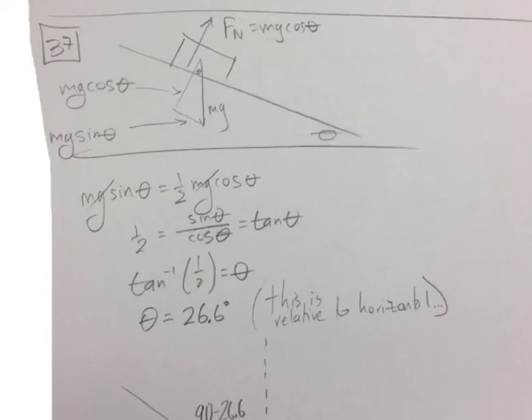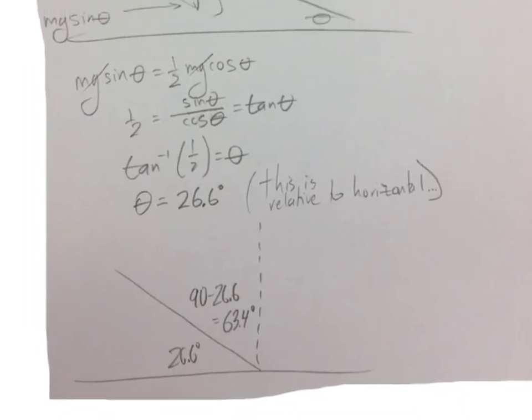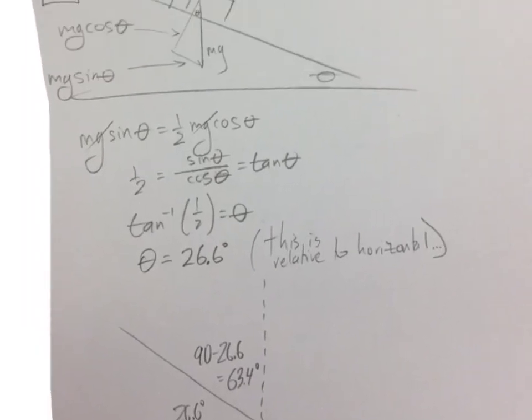Now, look at what I have. This theta is with respect to the horizontal. The way we have it set up, where this theta equals this theta, which it has to be set up if you want these to be true, this is with respect to the horizontal.